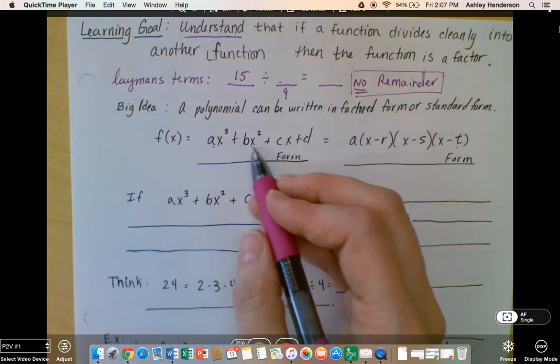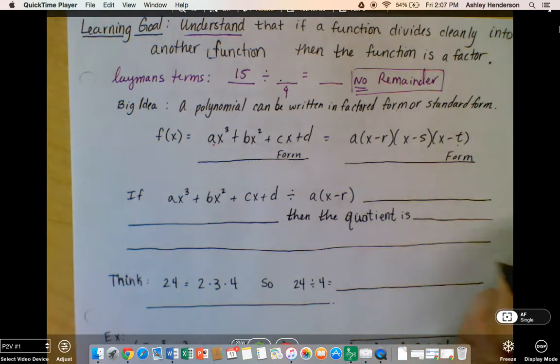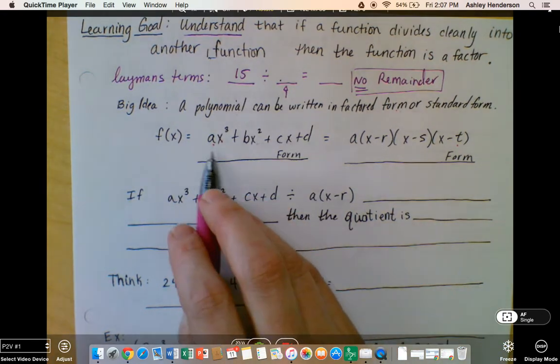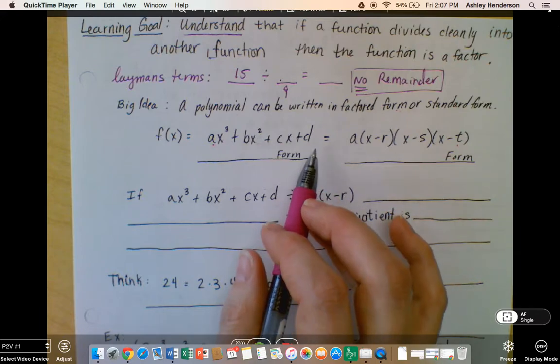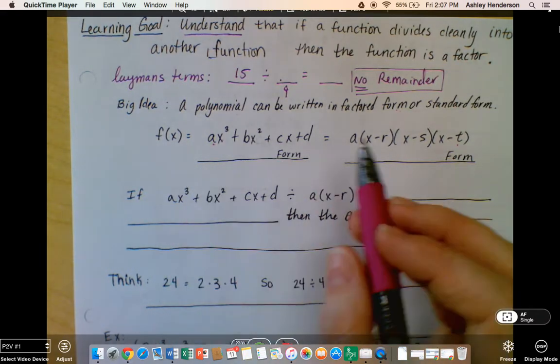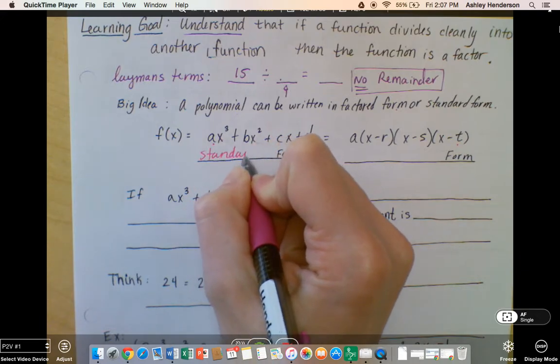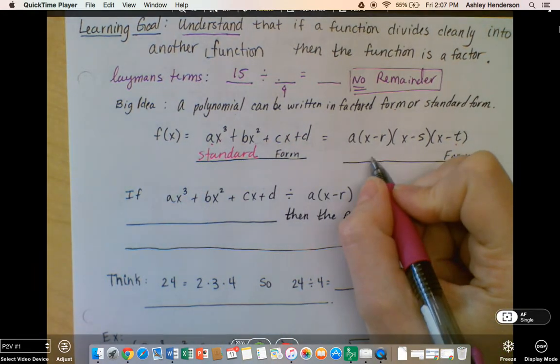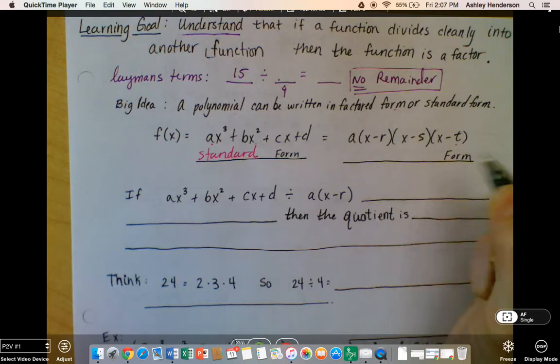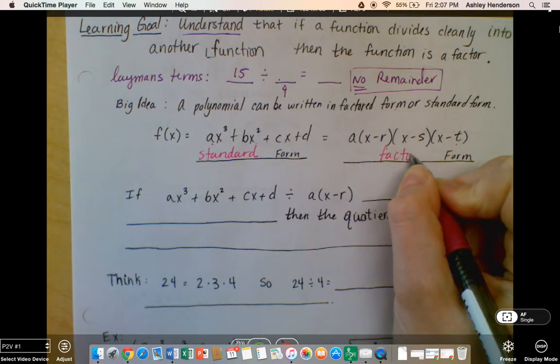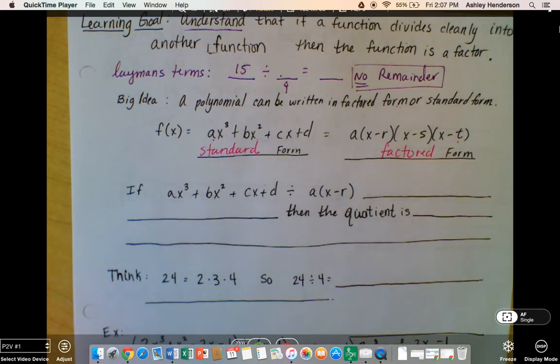There could be a whole bunch of these terms, or even an infinite number if it were meaningful. But when you multiply all of them out, you're going to get standard form. Okay, so this one is standard. And if I write something as a product of its factors, that's referred to as factored form.